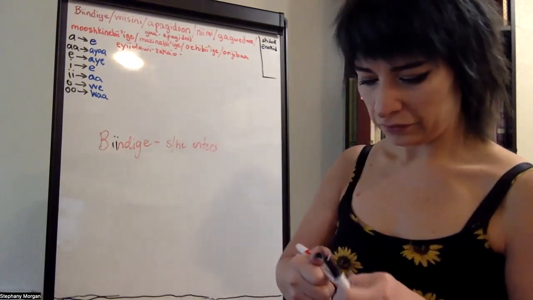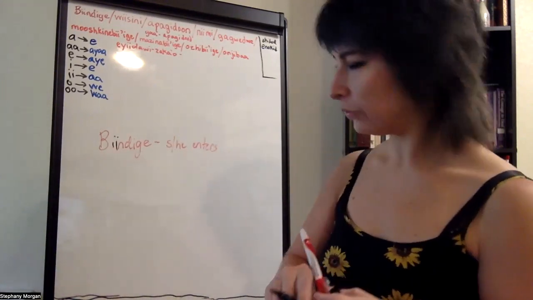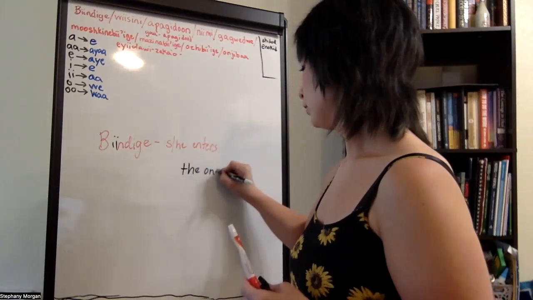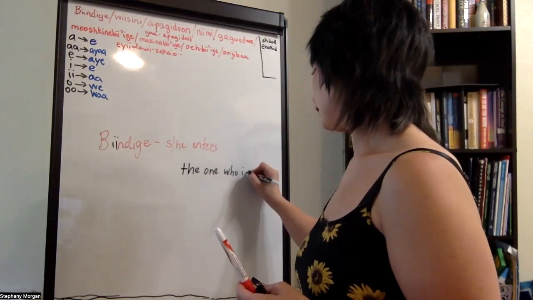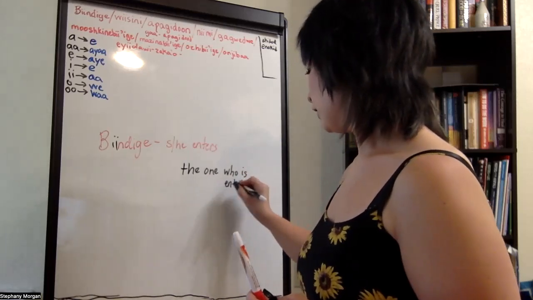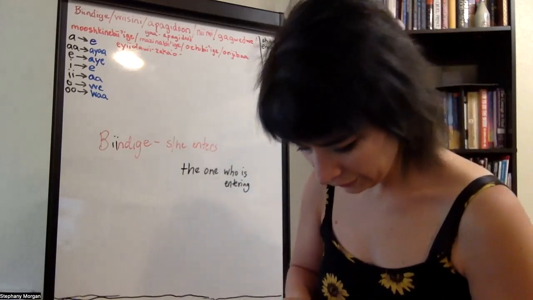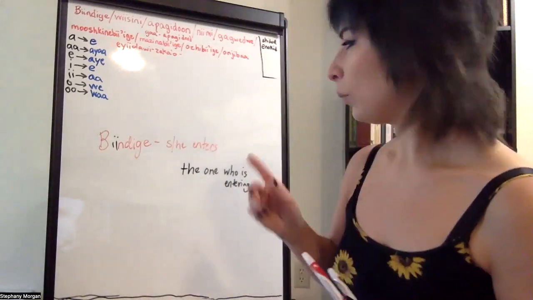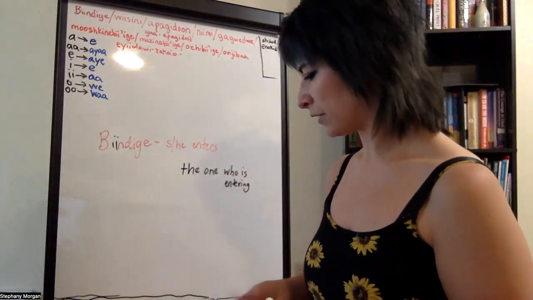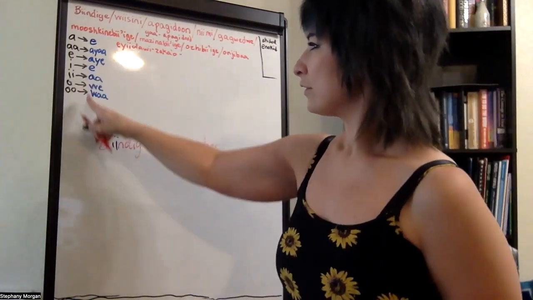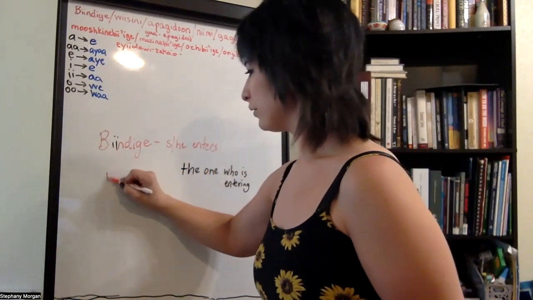And when you apply initial vowel change to this verb, you get the one who is entering. It's just bringing a different level of specificity to what you were trying to say. I'll give an example of a sentence where this would apply, so that way it makes more sense. Context helps. So looking at our chart, double I becomes double A, and so it becomes bondigate.